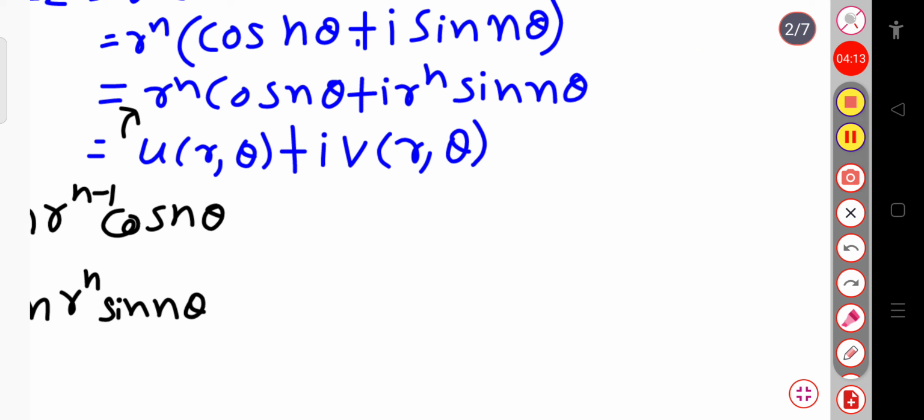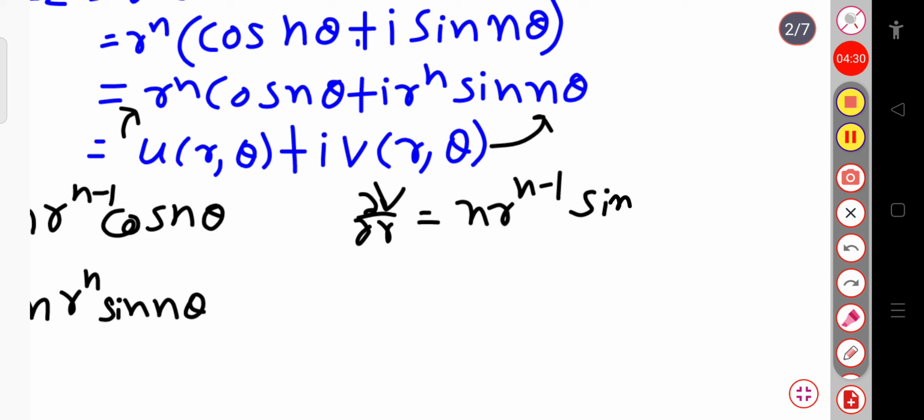Similarly, if we calculate dou v by dou r, v is here r power n into sin n theta. So this becomes n into r power n minus 1, and this sin n theta remains as it is. So this becomes n r power n minus 1 into sin n theta.